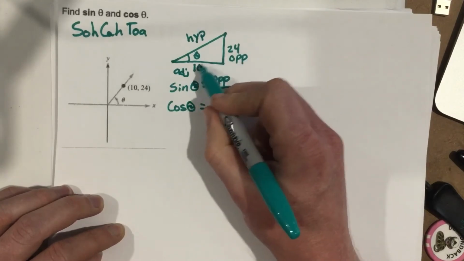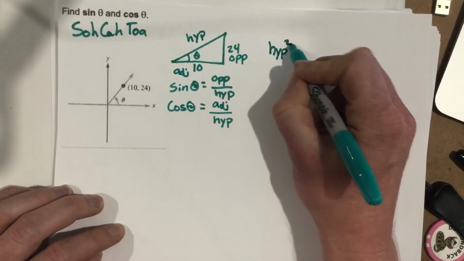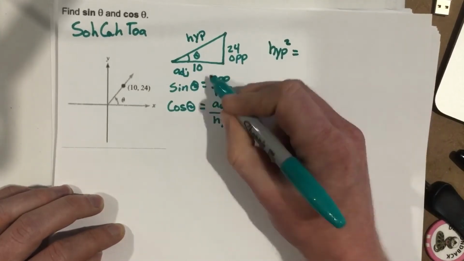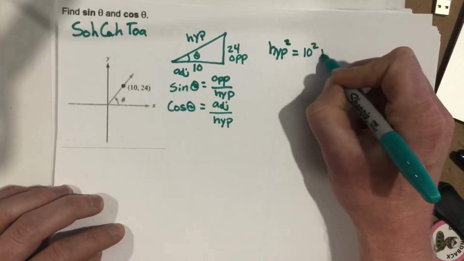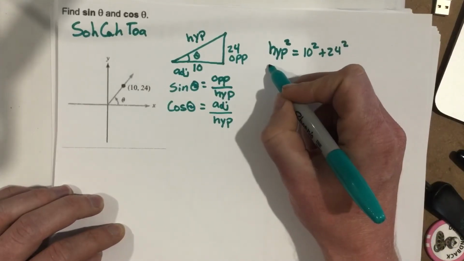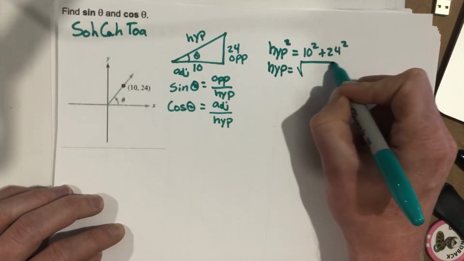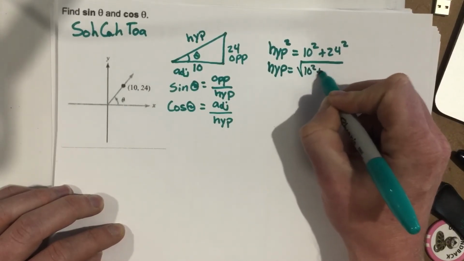We know that a squared plus b squared equals c squared, so the hypotenuse squared is going to equal 10 squared plus 24 squared, which means the hypotenuse is going to be equal to the root of 10 squared plus 24 squared.